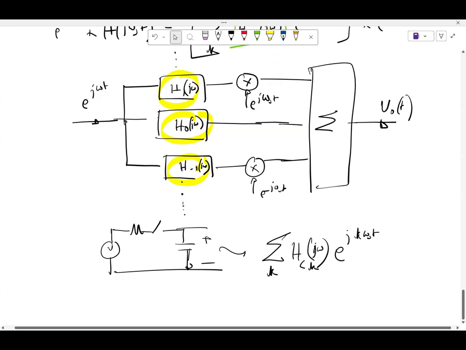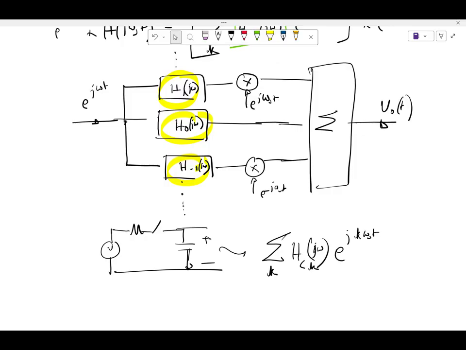this is still an LPTV network, because the capacitor is a part of the network which is switching. Now, if that is true, I should be able to find all these H0, H minus 1, H1, everything, right? So what will be H0? How to go about thinking about it? Use all the approximations that we have done till now.